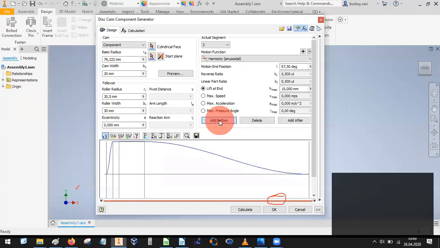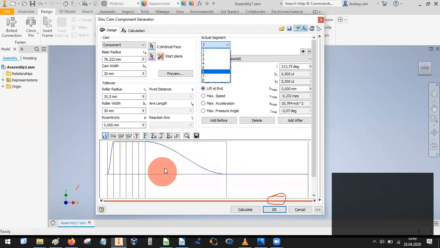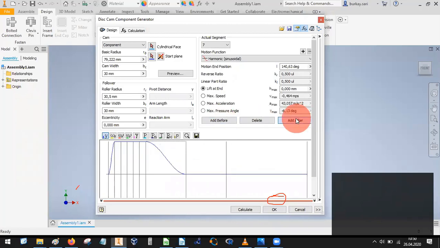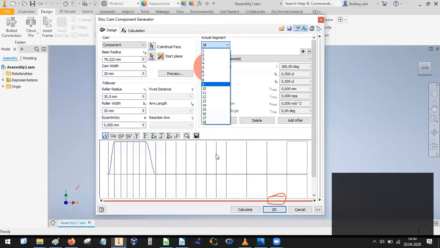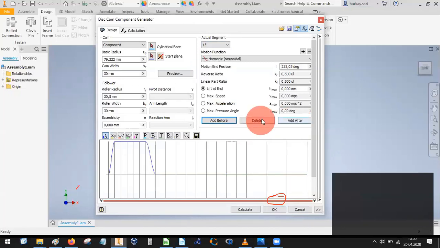Add before, add after. I need 26 segments. I'm not going to play with the given values here. I will arrange those values.